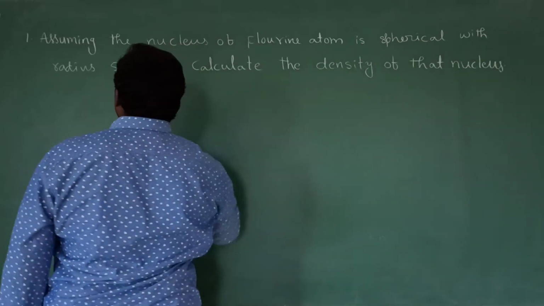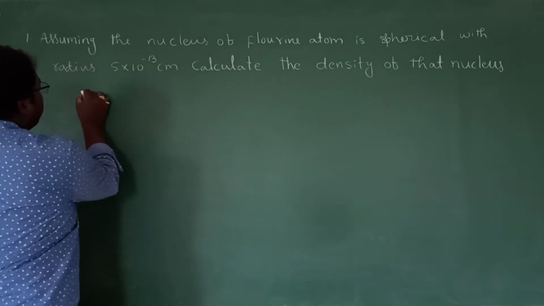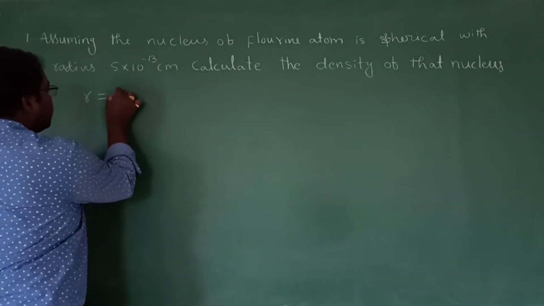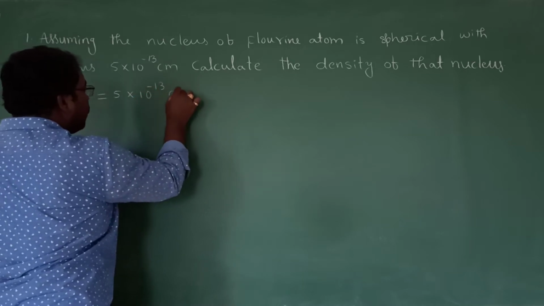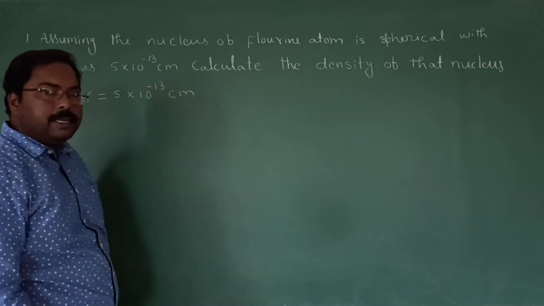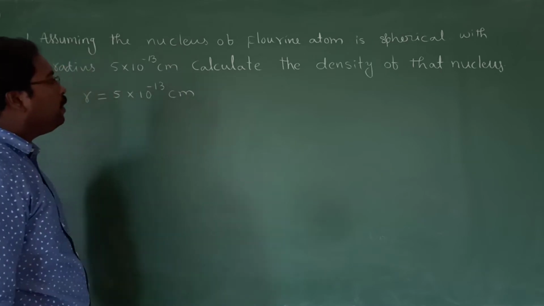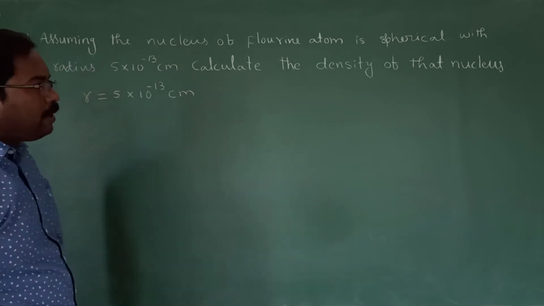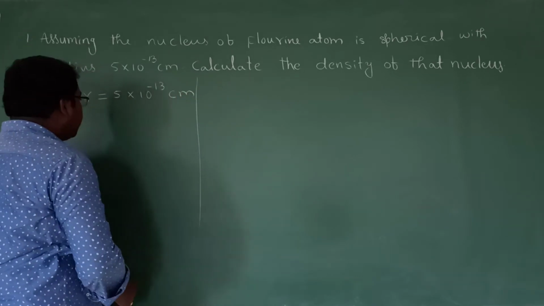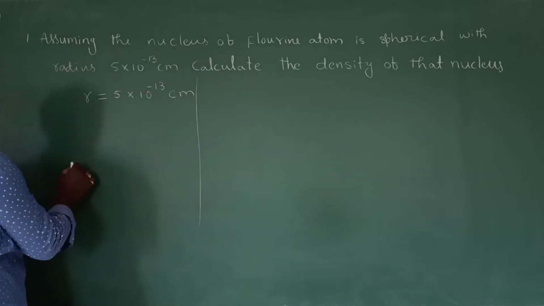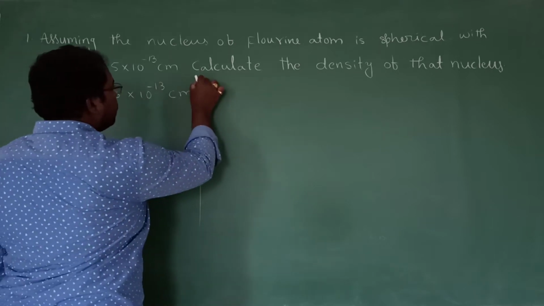So first let us write what data they have given. The given data: radius is 5 into 10 to the power minus 13 centimeter. Okay? So what are we asked to calculate? If you observe, they are asking us to calculate density.